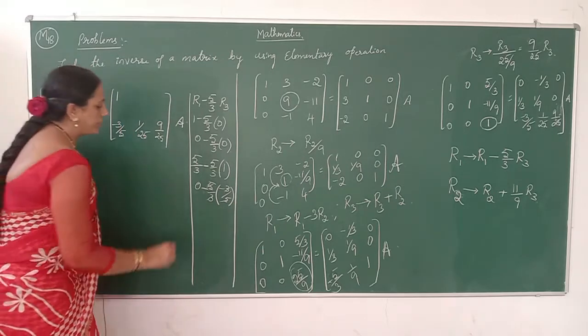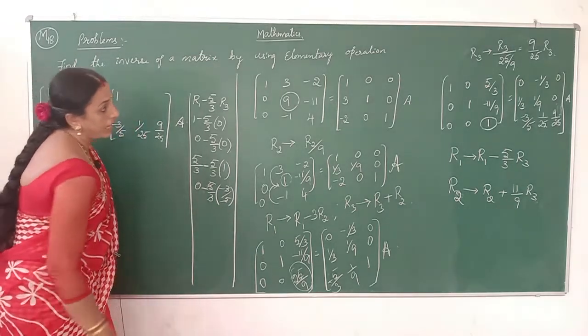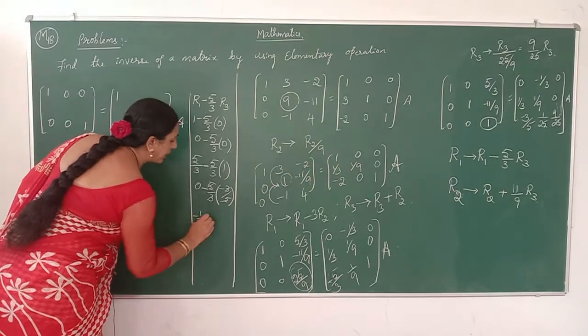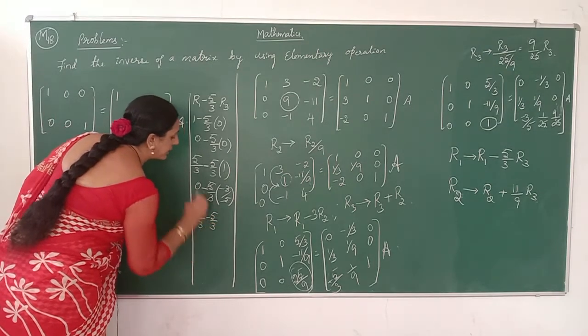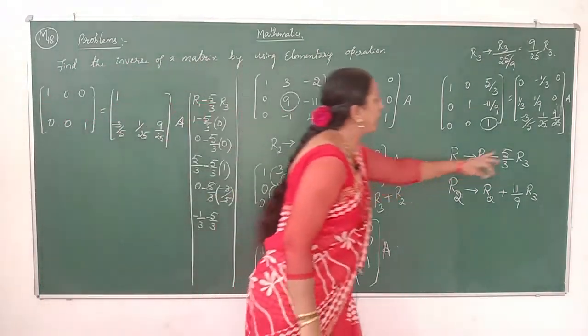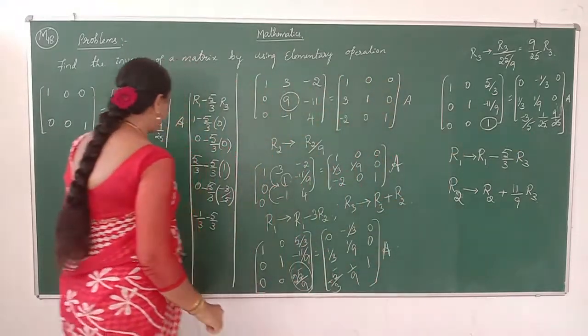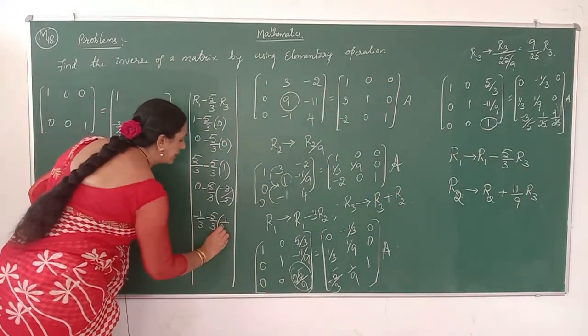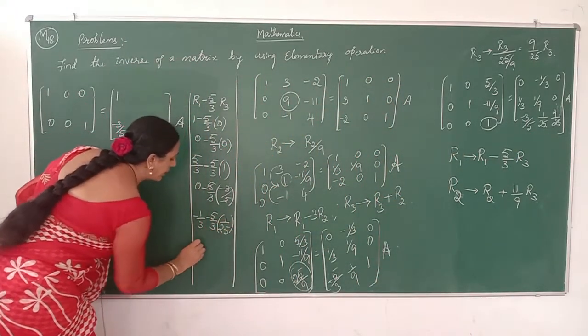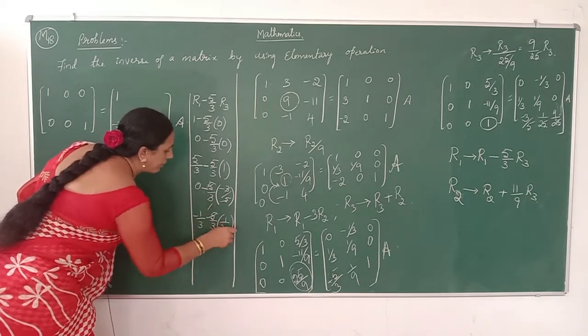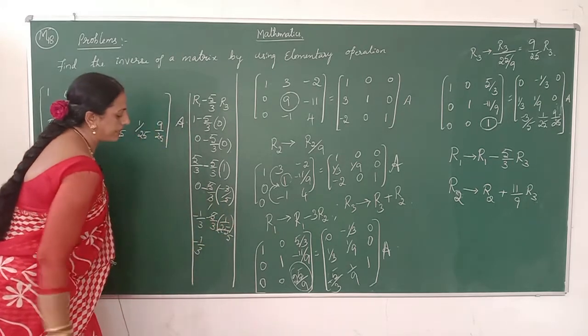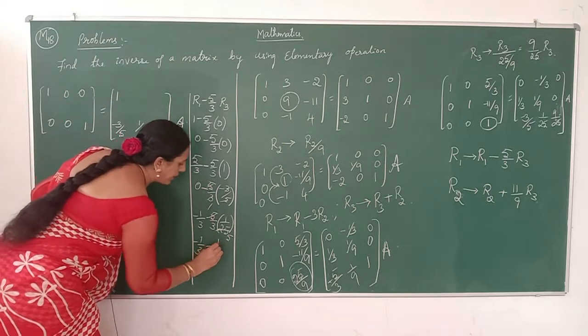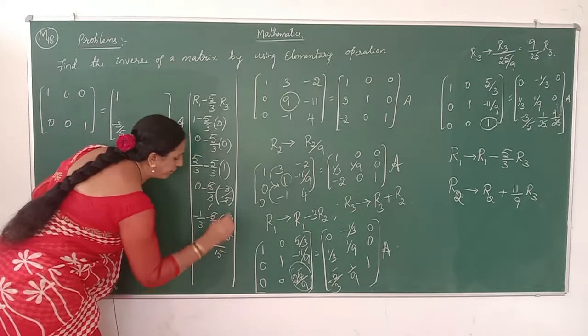Then the next element: R1 is minus 1 by 3 minus 5 by 3 into the corresponding R3, which is 1 divided by 25. Simplify: minus 1 by 3, 5 ones are 5, 5 fives are 25 and get cancelled. 3 into 5 is minus 1 divided by 15.